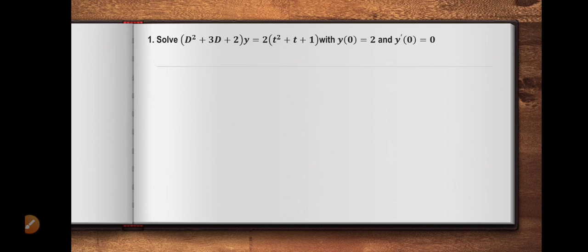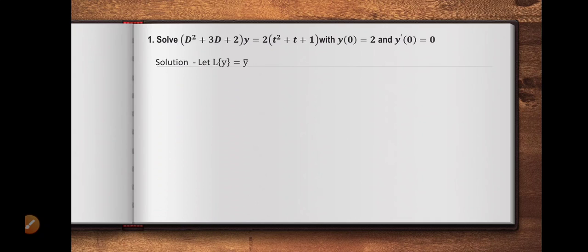So in M2 you have seen how to solve such type of linear differential equations with constant coefficients using the complementary function method and the particular integral different rules. Now we are going to solve this example using Laplace transform method. We will see the solution.